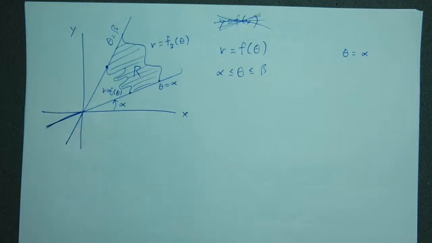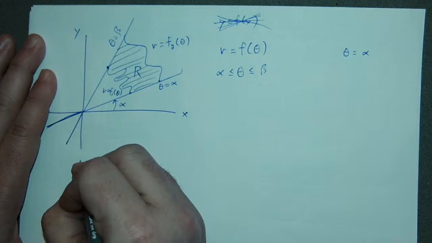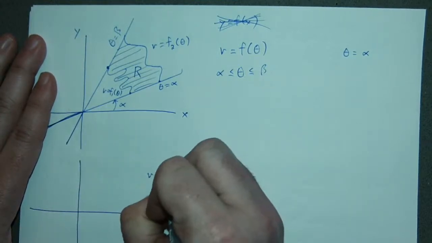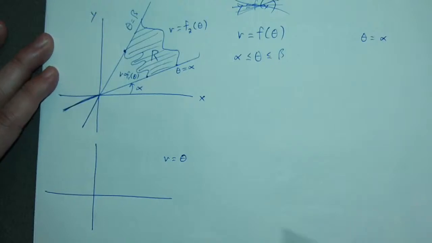Just to give you an example of how these polar functions can look, I noticed no one put it in chat, but what does the graph of r equals theta look like? So you have one last chance here to guess what this looks like. Okay, no one said it.